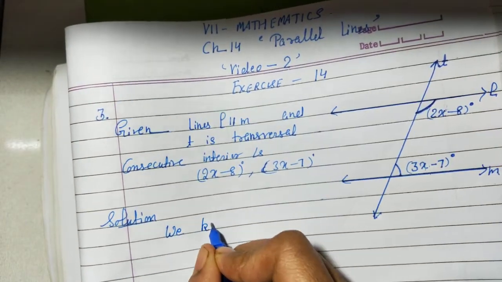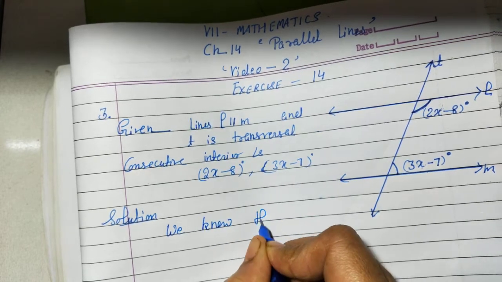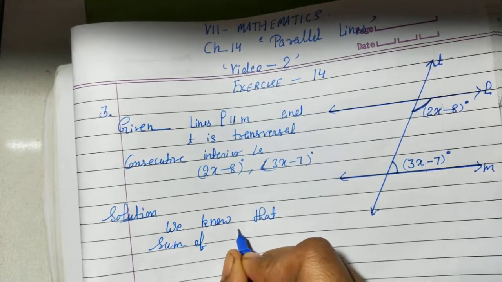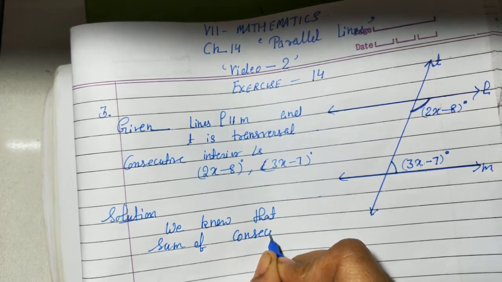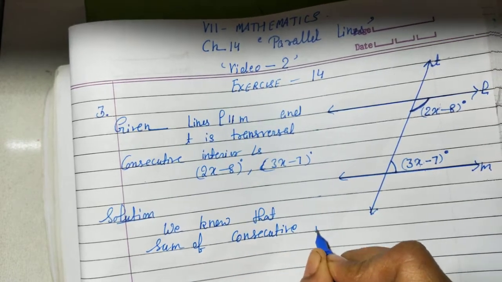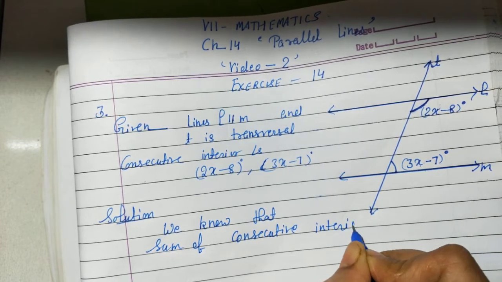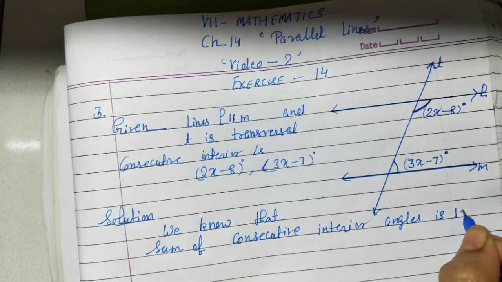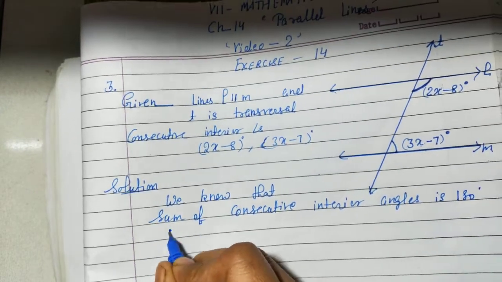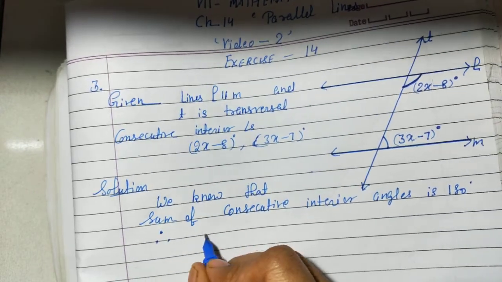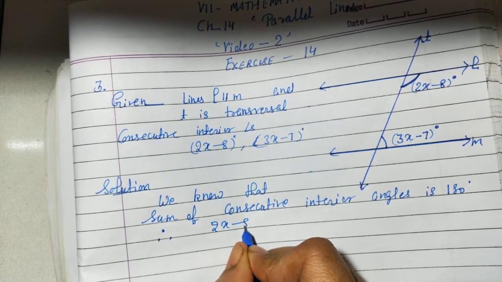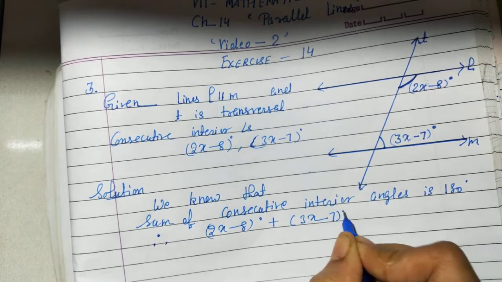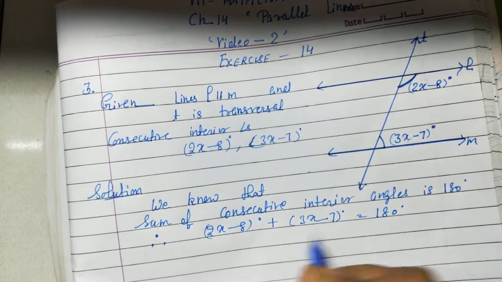We know that the sum of consecutive interior angles is 180 degrees. So (2x minus 8) plus (3x minus 7) is equal to 180.